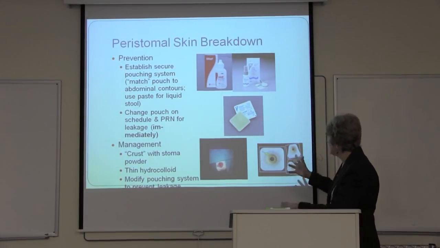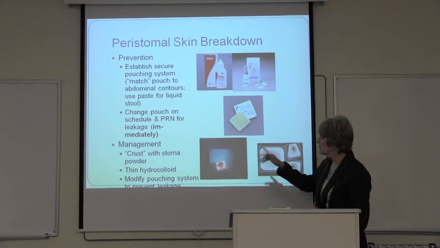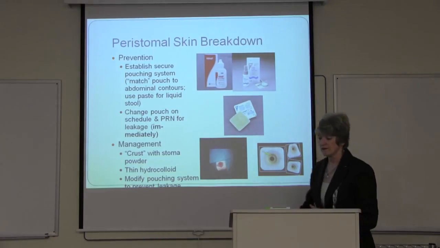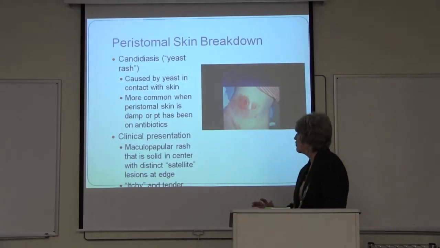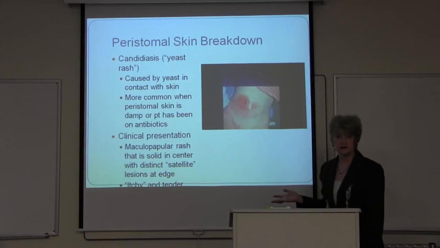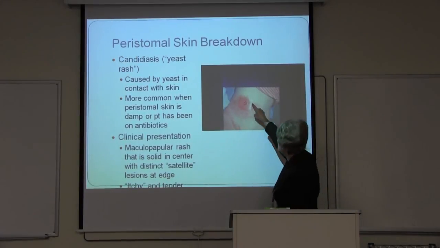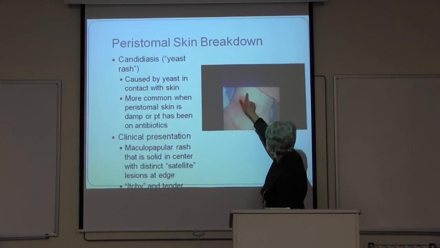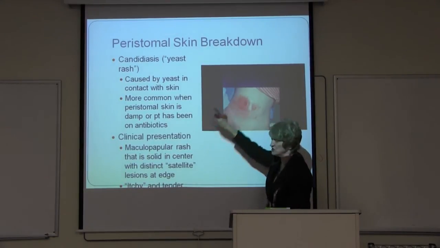And then in terms of managing the damage itself, again, crusting, use of a thin hydrocolloid, a lot of the things will cross over. Candidiasis, I know you know what yeast looks like. So here you have your rash that's solid in the center, maculopapular rash, solid in the center, distinct satellite lesions.